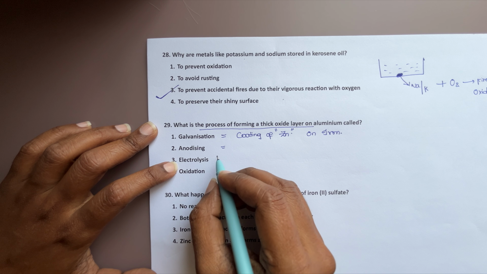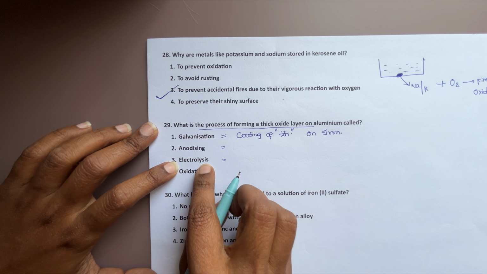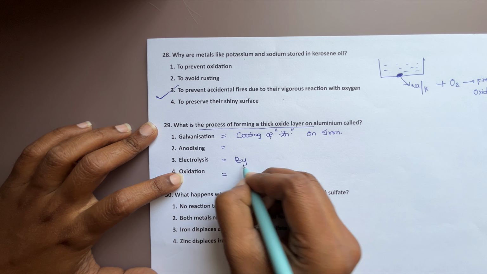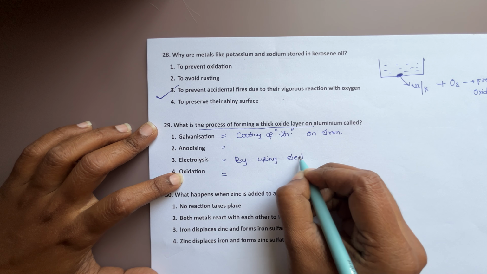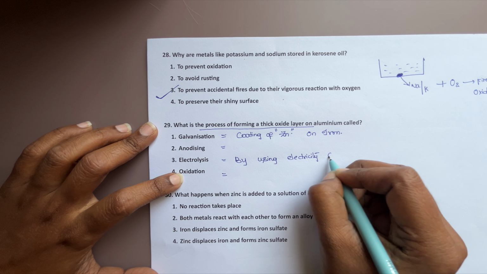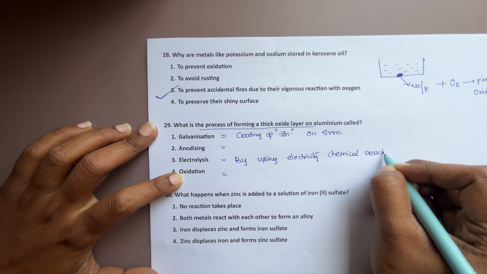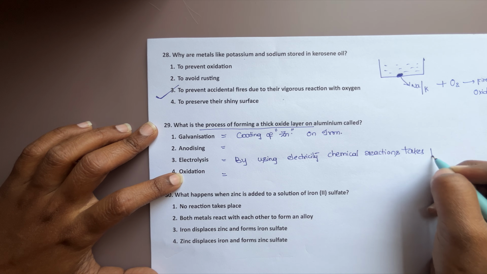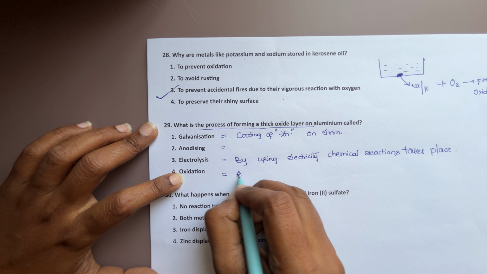Electrolysis, I already told you, by using electricity, chemical reactions take place. That is electrolysis. What is meant by oxidation?